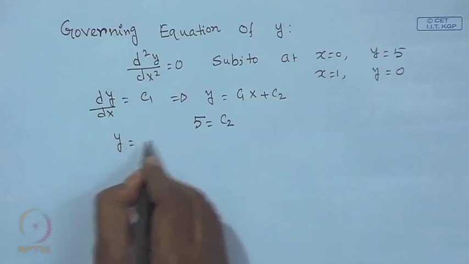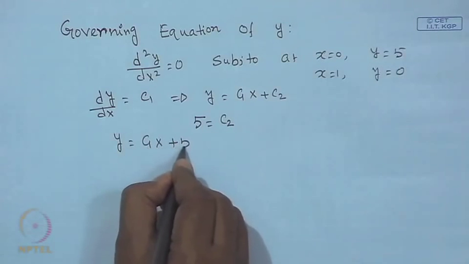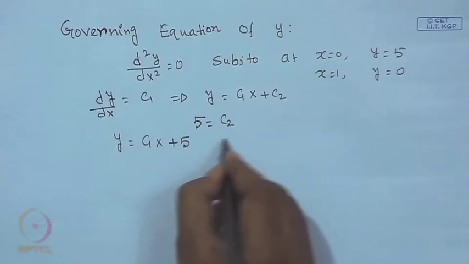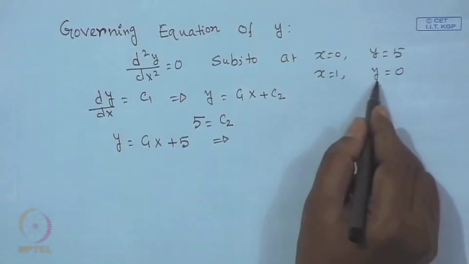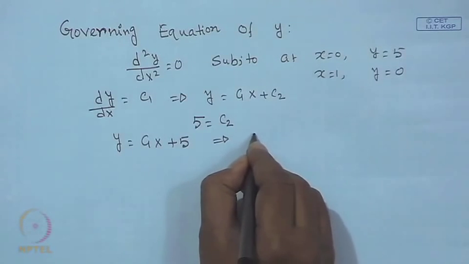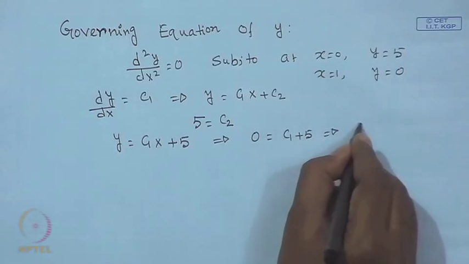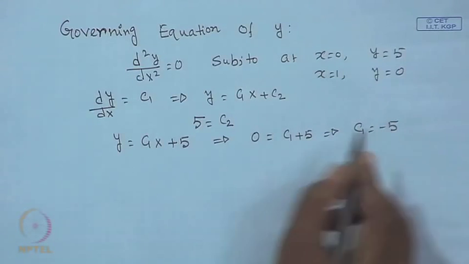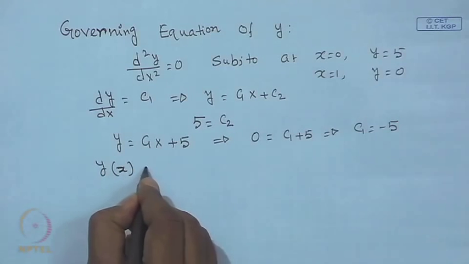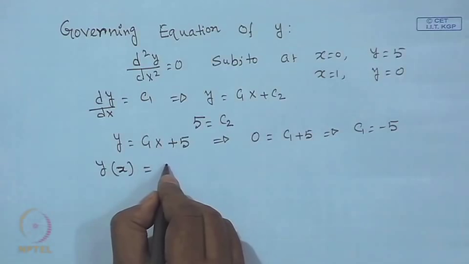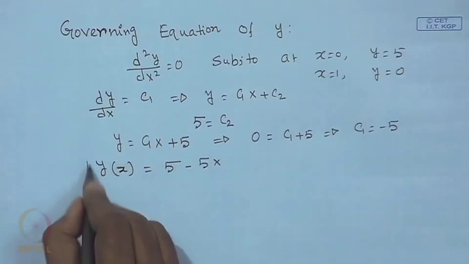So, the equation becomes c1 x plus 5, and then we have one more boundary condition, that is x equal to 1, y is equal to 0. So, 0 is equal to c1 plus 5. So, c1 is equal to minus 5. So, we can complete the solution of y, the first subproblem, as 5 minus 5x.